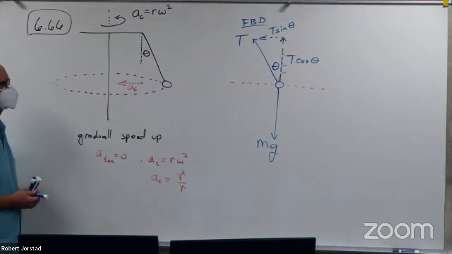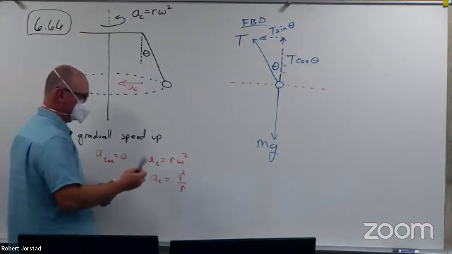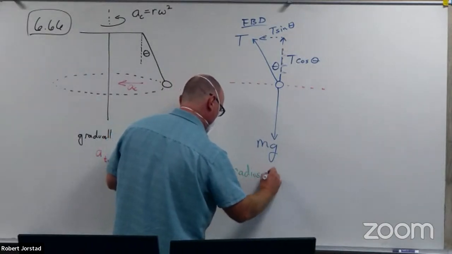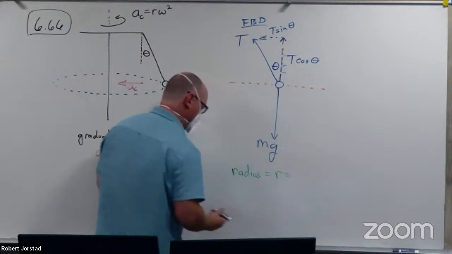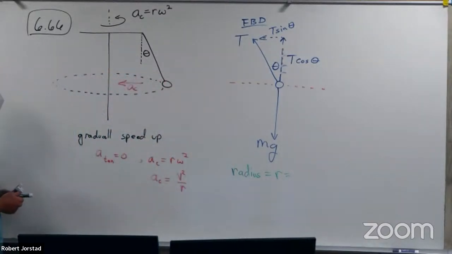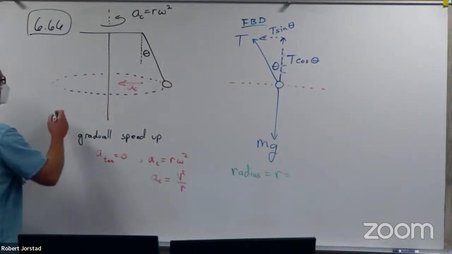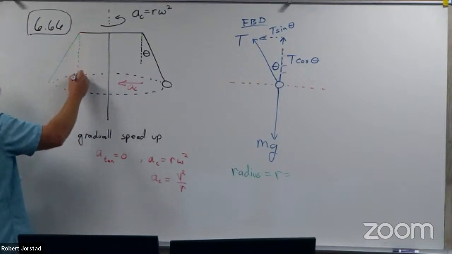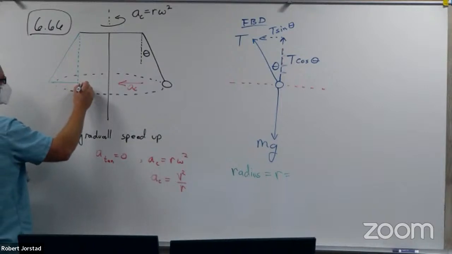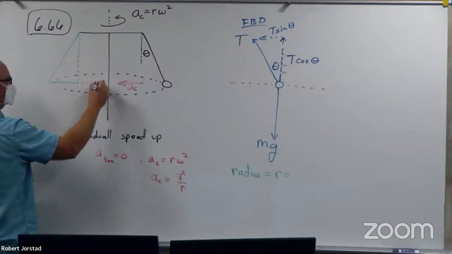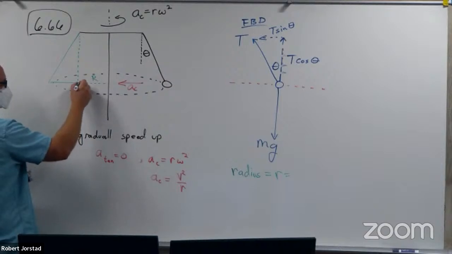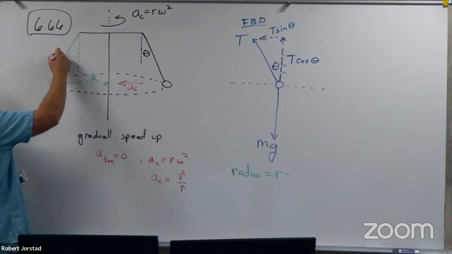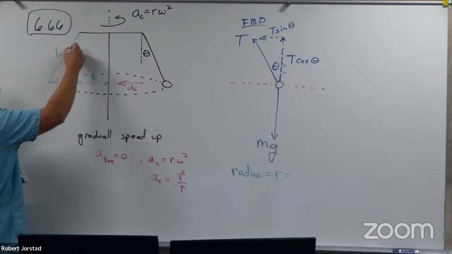What's the radius? That's the problem with this weird contraption. It's this distance, which is R. What's the length of the string called? L? Yes.